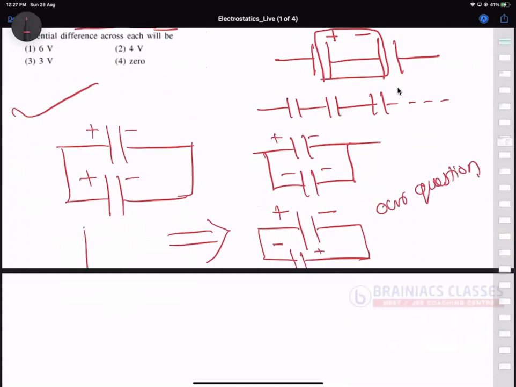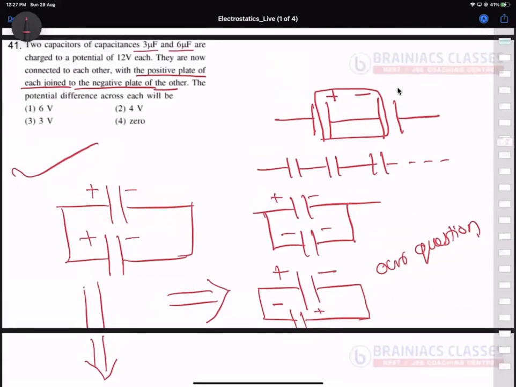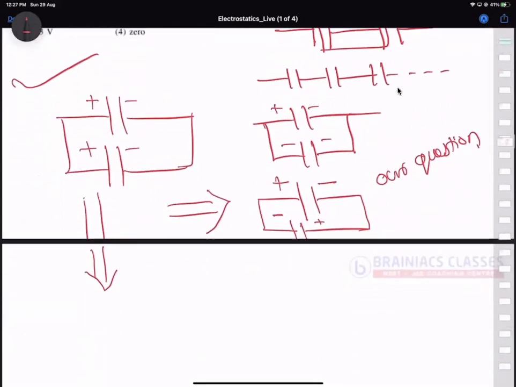Now listen very carefully. The question is asking the potential difference across each capacitor. What does that mean? That is what we discussed before, called common potential. What is the formula? C1 V1 plus C2 V2 divided by C1 plus C2.